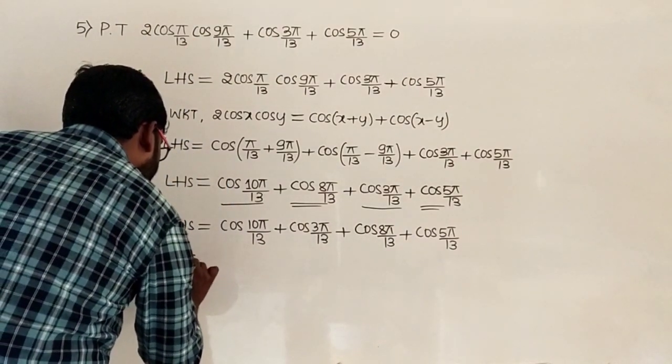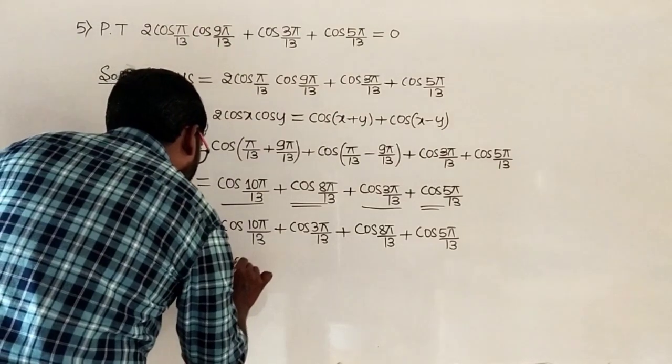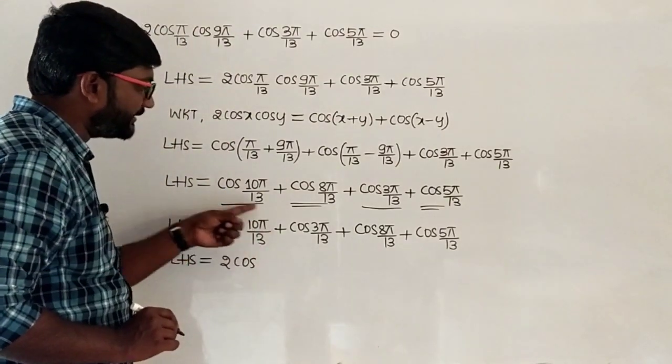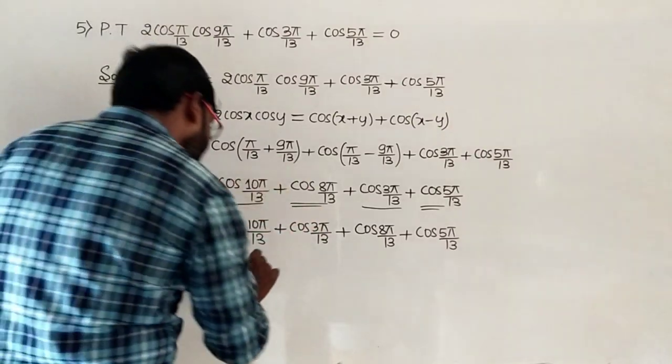So left hand side which is equals to 2 cos x plus y by 2. So x is 10 pi by 13, y is 3 pi by 13.